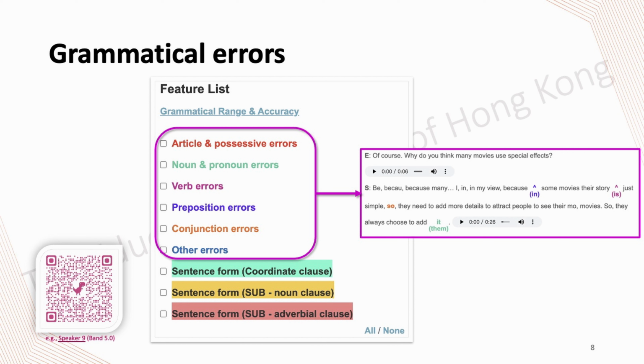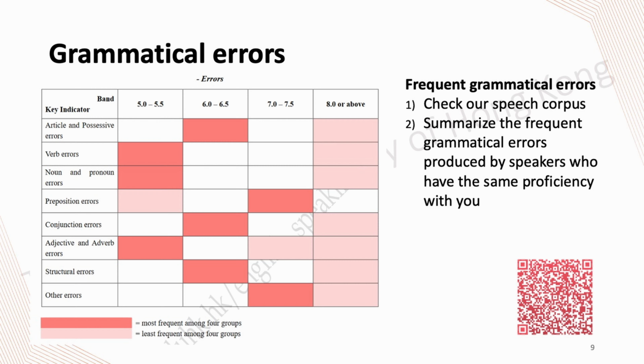For example, the screenshot here showed a noun and pronoun error, a conjunction error, a verb error, and a preposition error found in this answer. Then, you may ask what errors you should pay more attention to in order to attain the advanced level. Here is the list that you will need.